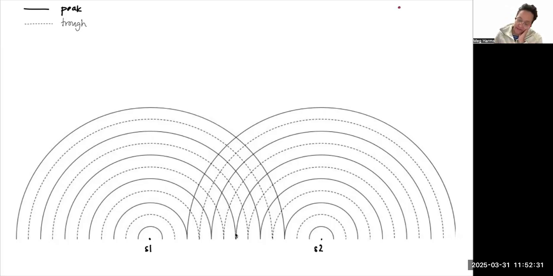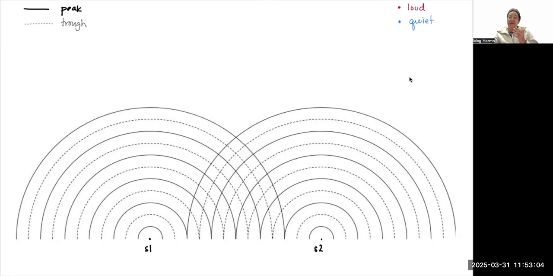And that's going to create a loud sound. But if you have a peak and a trough in the same place at the same time, they're going to cancel each other out, like we talked about in our wave properties video. And so that is going to be a quiet spot. And so that's where we're going to start here.